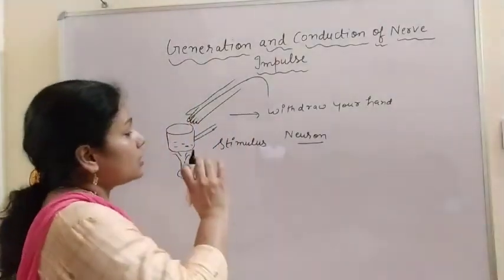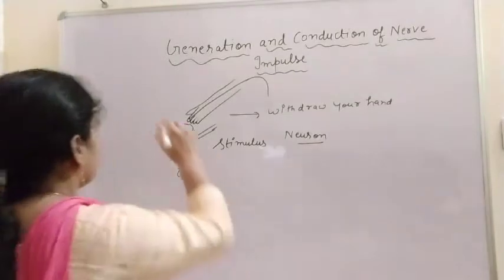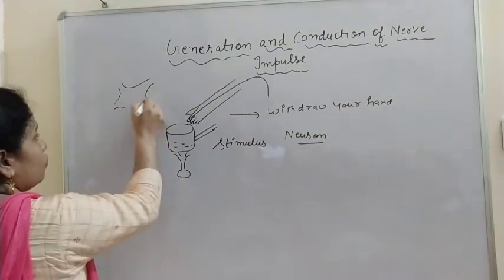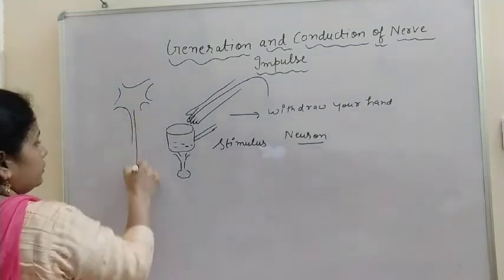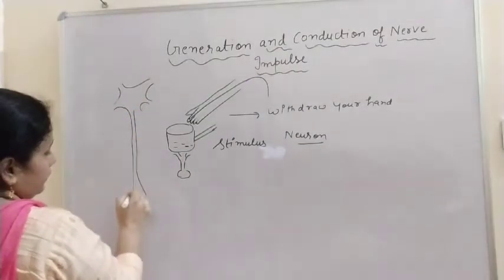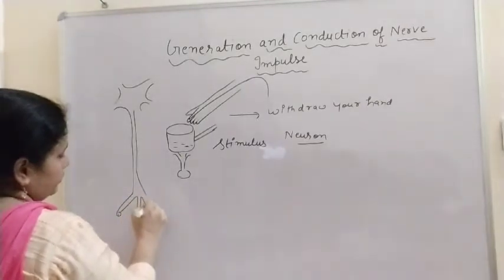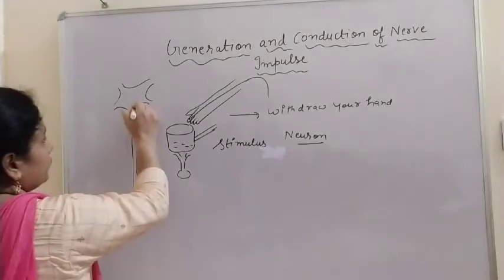So in our last video you understood the structure of the neuron, that the neuron has three main parts. And what are the three main parts?